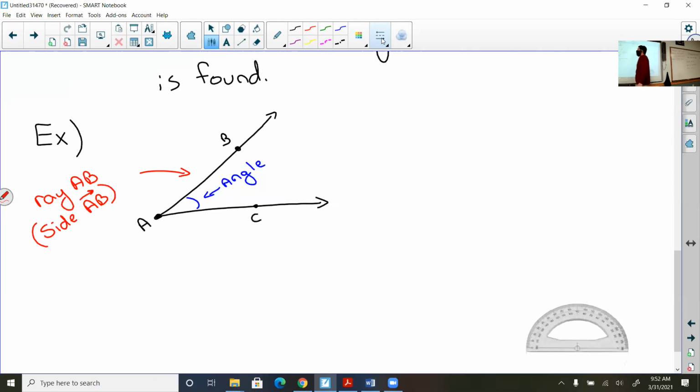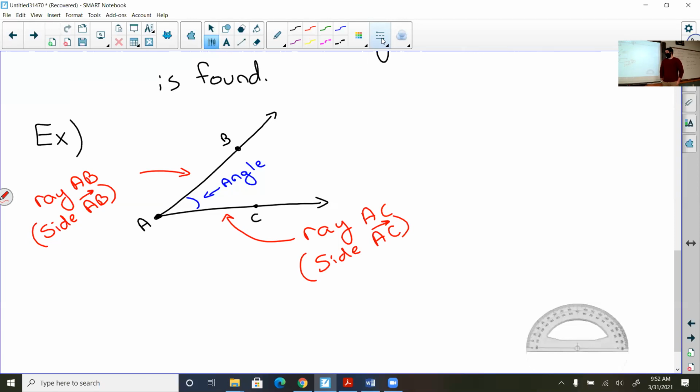And so that ray now becomes a side to my angle. This one over here, it was ray AC, and now it's going to become side AC.